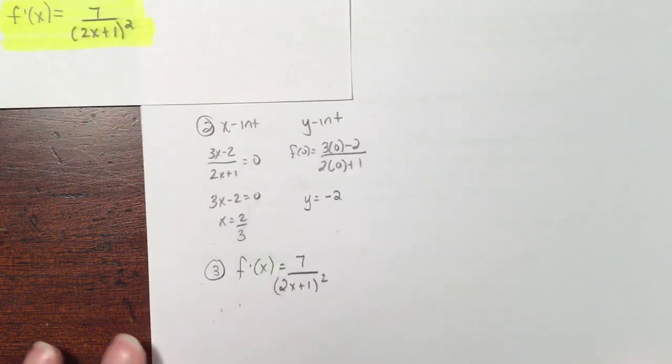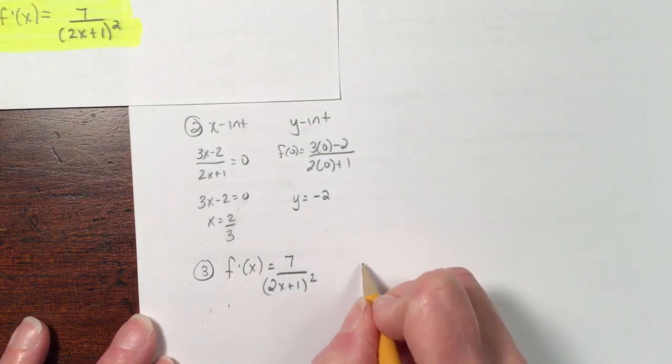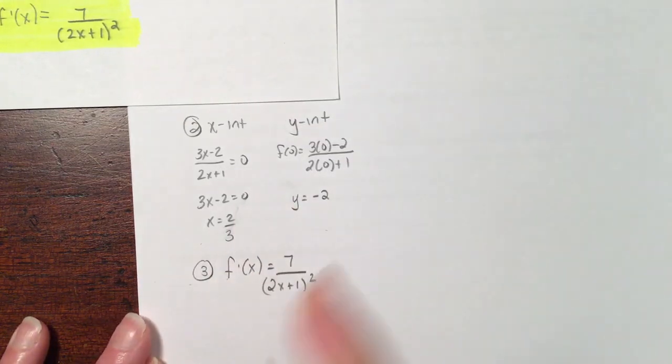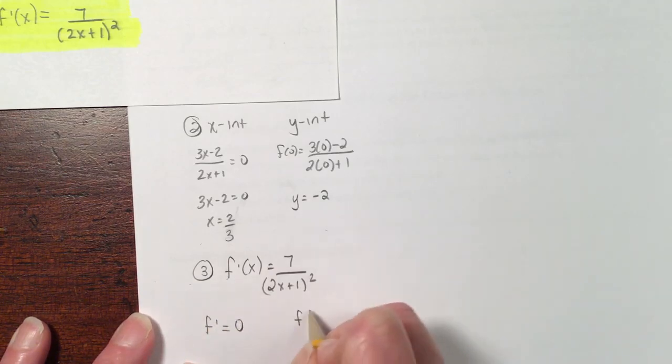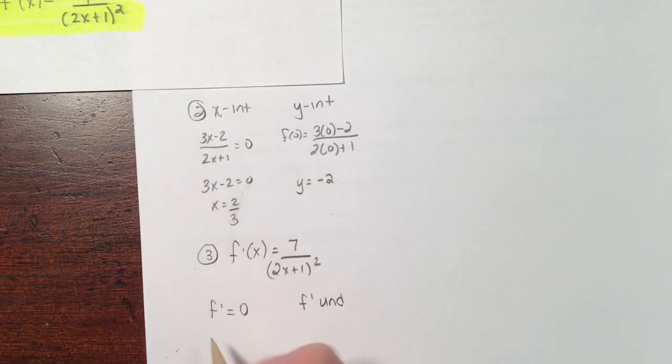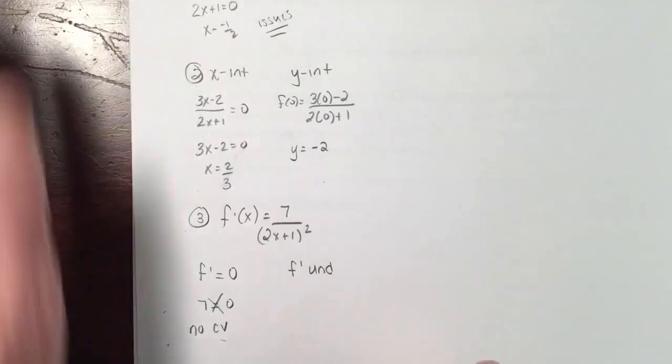Now, what are we going to do with that information? We're going to put it on our number line. Well, first we have to find the critical values. Since it's a rational function, derivative equal to 0, derivative undefined. Where is this derivative equal to 0? When the numerator is equal to 0, and there are no critical values of that nature.